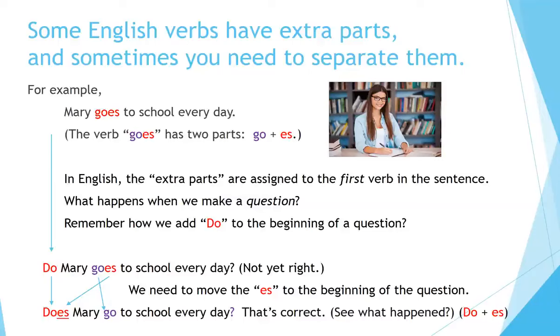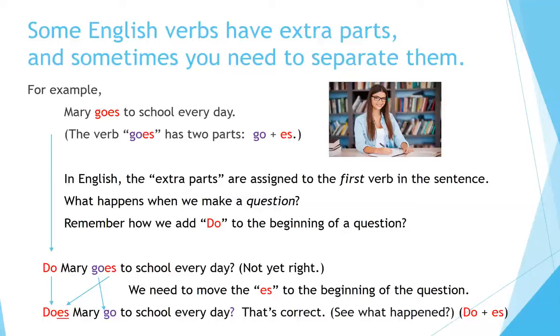Now, what happens when we make a question? Remember how we add do to the beginning of a question? Do Mary goes to school every day? That's not yet right. We're not finished yet. So first we add do, then we need to move the es to the beginning of the question.